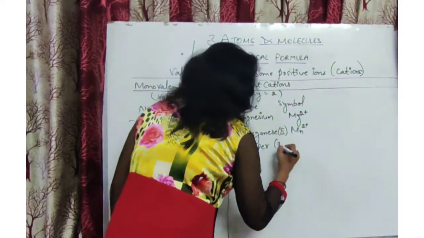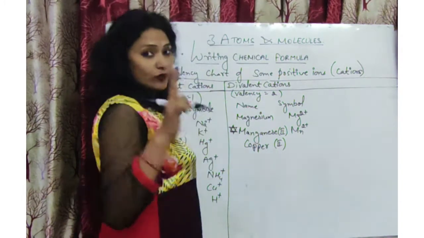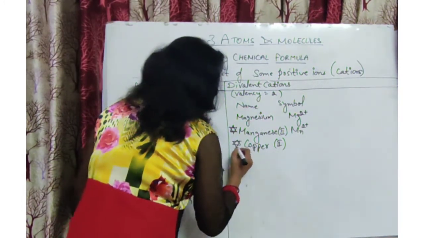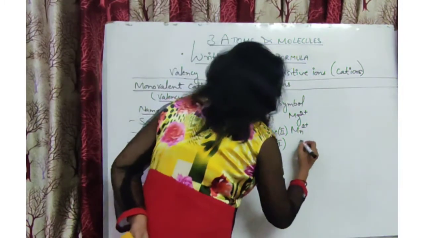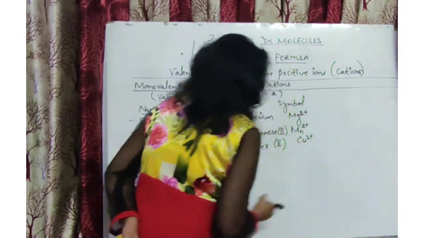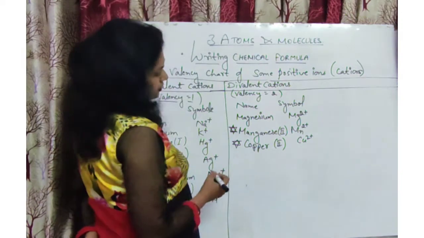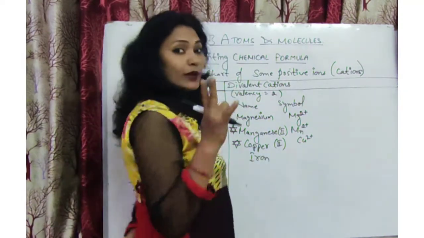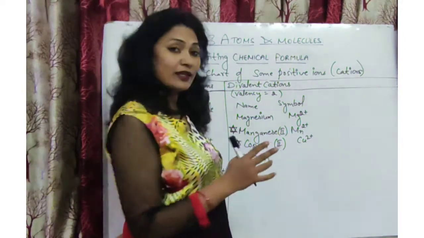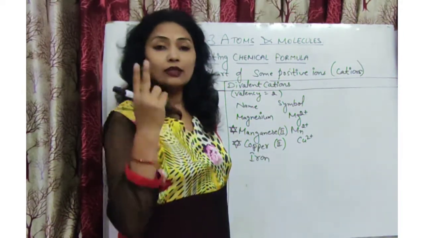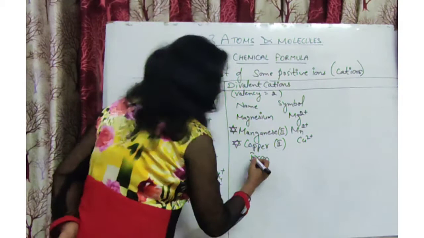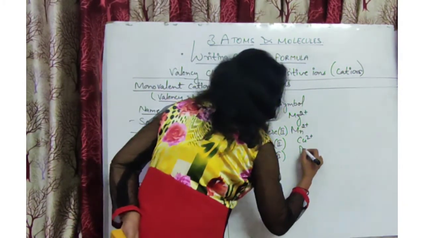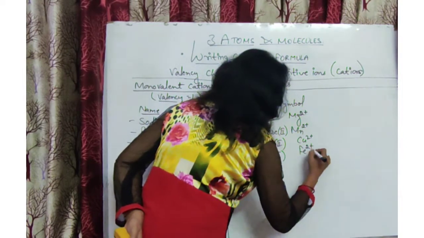Copper has also first and second valencies. So we can make the star or streaks here. And Cu2 positive. Okay. Next we can take iron. Iron has also variable valencies. It means it has 3 valency and 2 valency. Okay. So for 2 valency, write in front Roman number 2 and Fe2 positive.